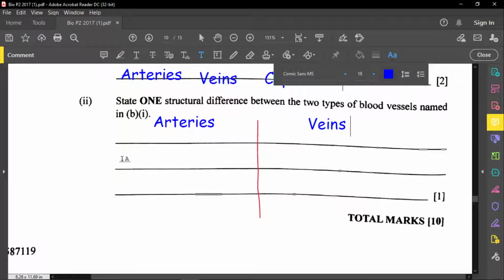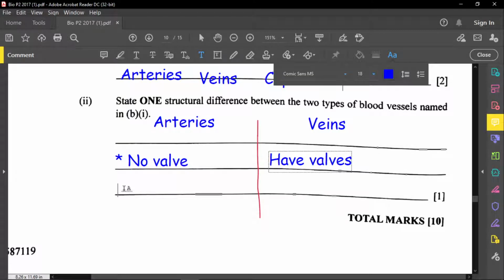One of the first differences is that arteries have no valves, while veins do have valves. So no valves present in arteries, and these are valves.